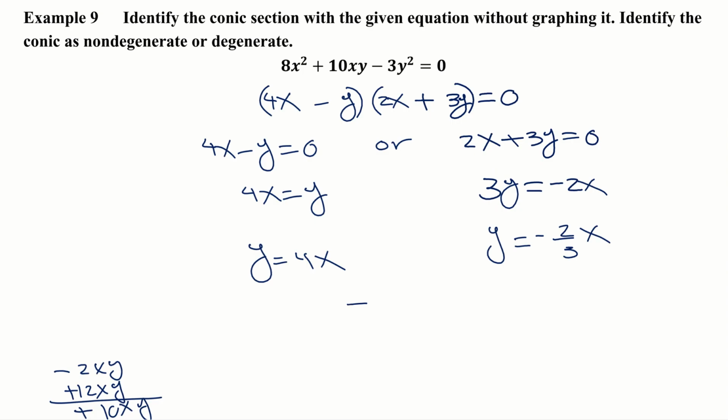All right, so here we get intersecting lines. It's also known as a degenerate hyperbola, and it's definitely a degenerate kind of conic.